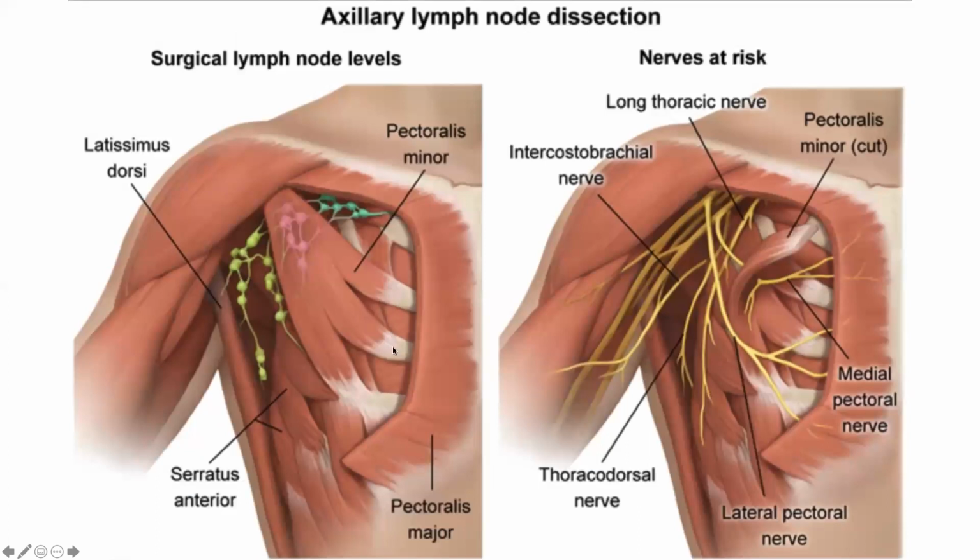So now if we look at the axillary lymph node group, this is the pectoralis minor muscle, as we all know. And you can see the lymph node groups distal to the pectoralis minor, posterior to the pectoralis minor, and proximal to the pectoralis minor. And you can see the proximity of these lymph nodes to the nerves here.